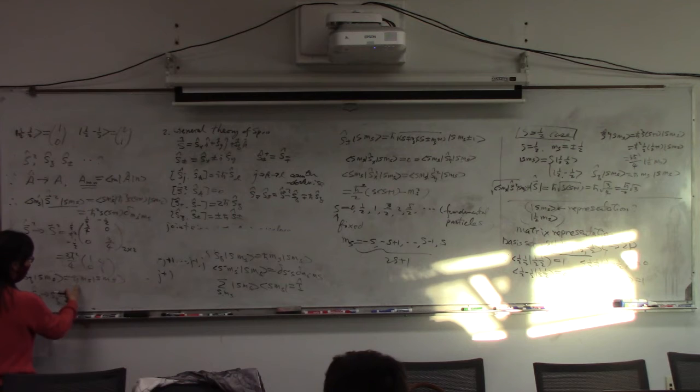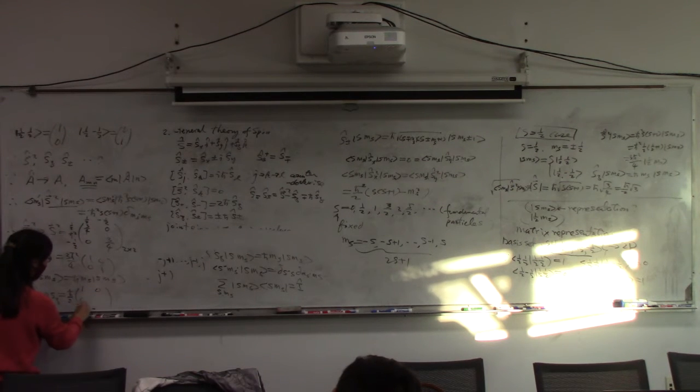I take h bar outside because it's the same thing. And also diagonal, right? Same thing like this, diagonal. The first one, when Ms equals half, so that is 1. Sorry, I have half here. And 0, diagonal, and when Ms equals negative half, it's minus 1, right?